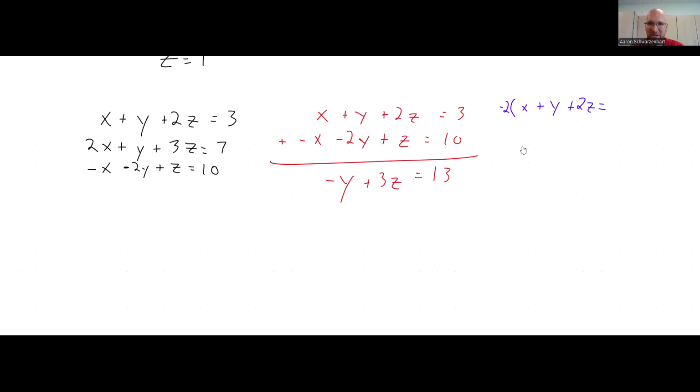So I'm multiplying here, and I'm actually just distributing right across the equal sign. Yes, you can write that in a single set of parentheses. So that's my transformed equation 1. Now I'll write equation 2 underneath it.